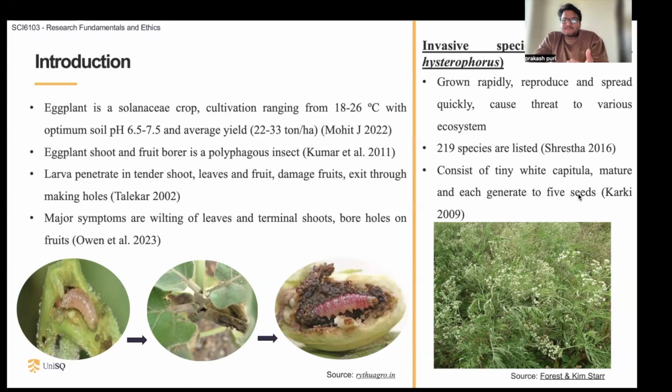We can see Parthenium hysterophorus in Nepal along roadways, in irrigation canals, and in residential areas. It consists of tiny white capitula, which we can see in the picture. Each capitulum generates 5 seeds, and a single plant can produce 10,000 to 15,000 viable seeds. That is why it grows rapidly and spreads quickly.